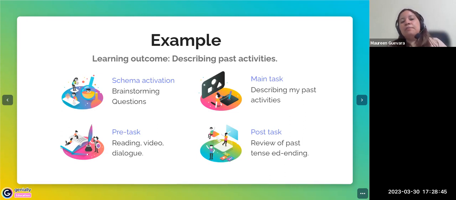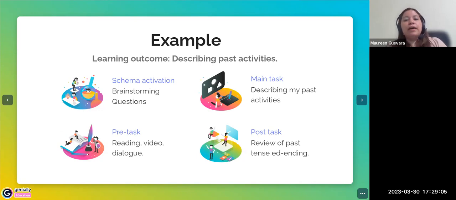If I give them a reading, I ask them, okay, let's read this. And then I ask them questions so that, of course, they know that they are using the language. So during the pre-task, this is going to be a little bit more controlled with my students.